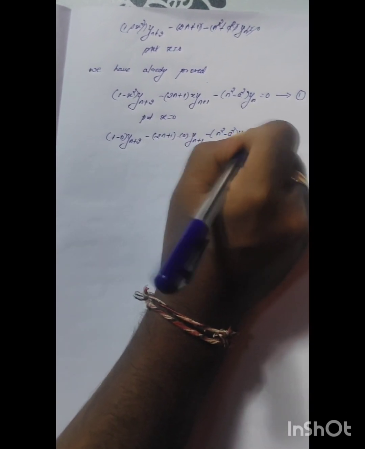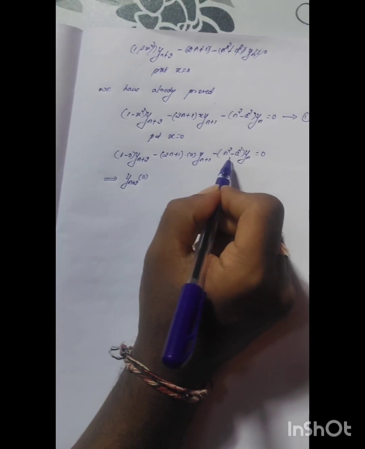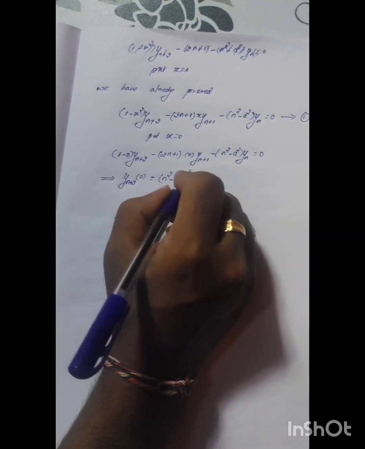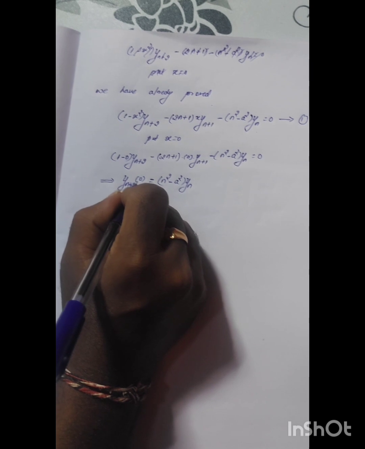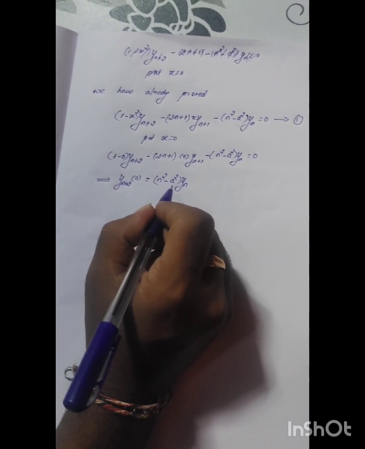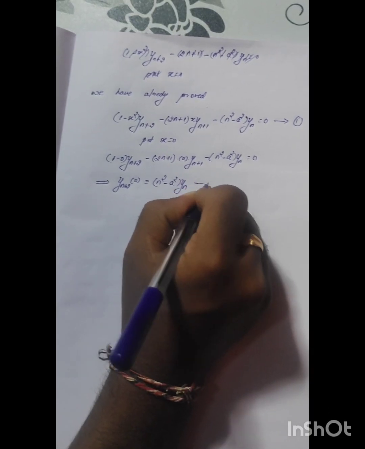This implies that 1 minus 0 is nothing but 1 itself, so this is yn plus 2 of 0, this term will completely become 0, minus (n square minus a square), when I move to that side this will become plus (n square minus a square) into yn, so yn plus 2 of 0 will become (n square minus a square) into yn.